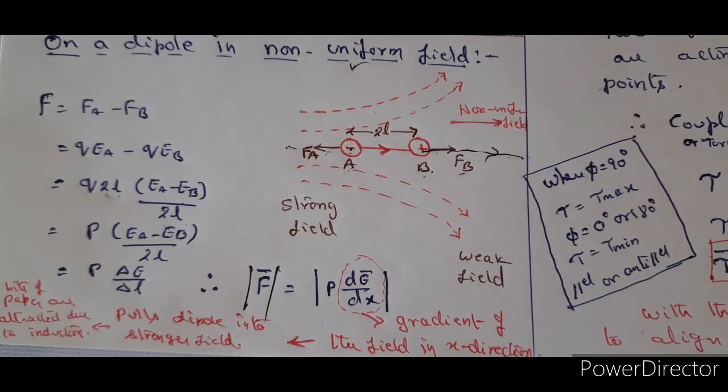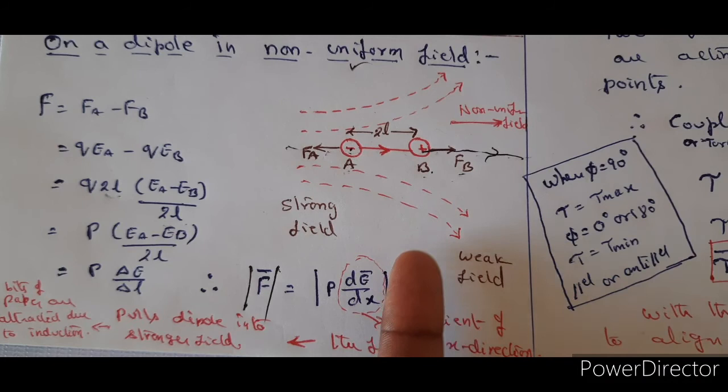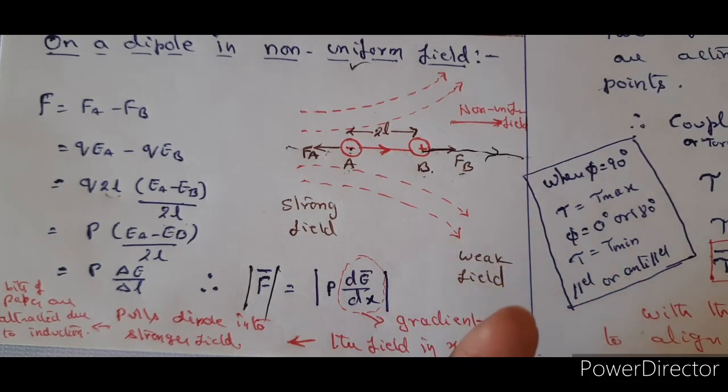Here we didn't do anything to the bits of paper. They are neutral. We did not charge them, but the comb is charged. So when this charged comb is taken near the bits of paper, you observe that they come and cling to the comb. Why is it happening?